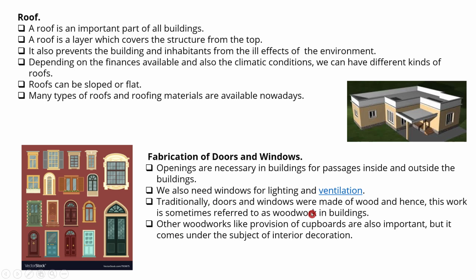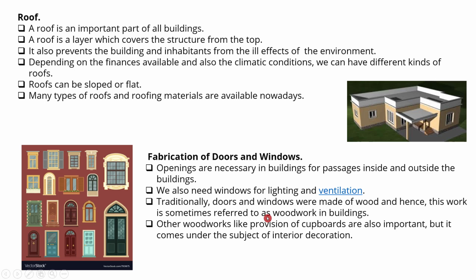We also need windows for lighting and ventilation. Traditionally, doors and windows were made of wood. Hence, they were called the woodwork in buildings. So there were olden things like doors and windows.